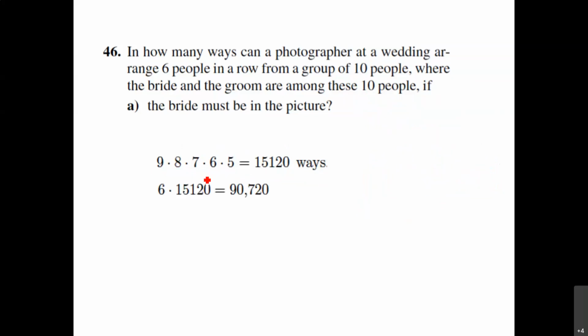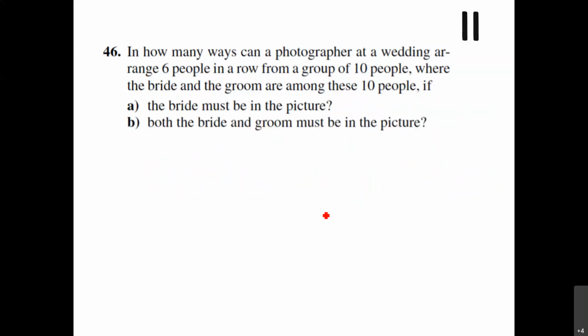So first you took care of the cases of 5 people, and any permutation between those 5 people. Then just place the bride anywhere you want. She has 6 spots, so that's that. Now this. What about if both the bride and the groom must be in the picture?